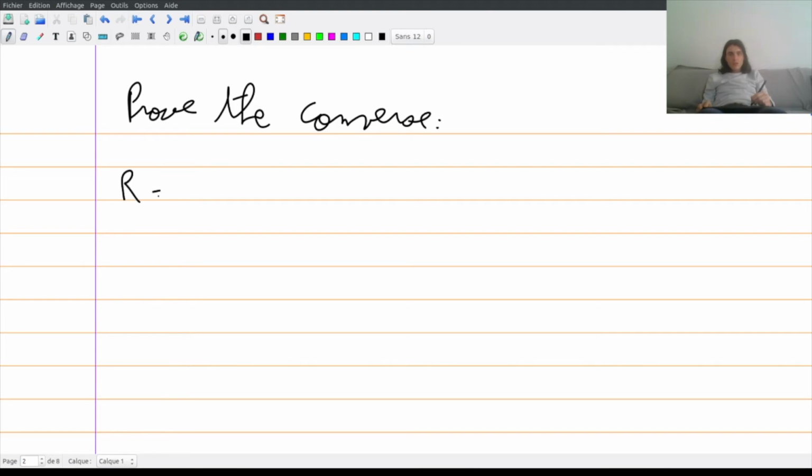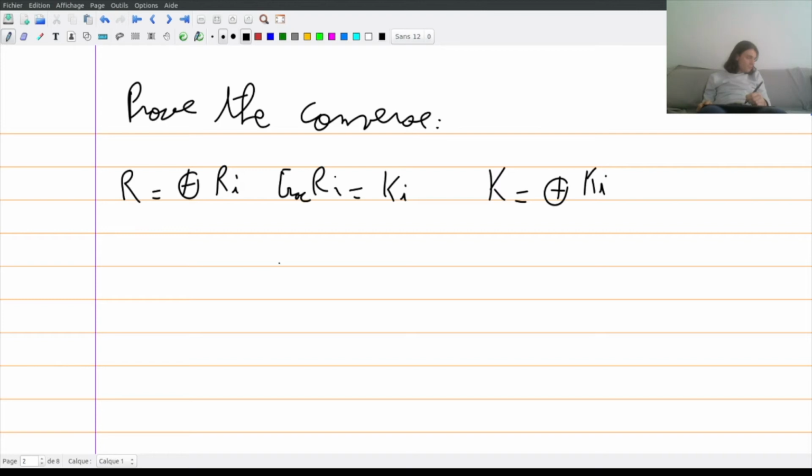So remind that K is the direct sum of integral domains, and the total PV ring is the direct sum of the fields of fractions. So it's the direct sum of fields.